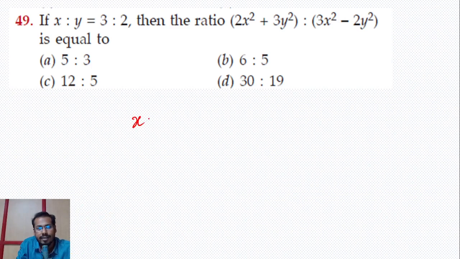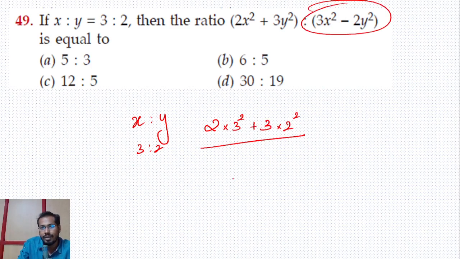x is to y is 3 is to 2. So then the ratio of this value is what? That's the question. x value is given, y value is given. Just take that and substitute. 2 times x is what? 3, 3 square, plus 3 times y is what? 2, 2 square, divided by 3 times x is what? 3, 3 square, minus 2 times y is what? 2, 2 square.